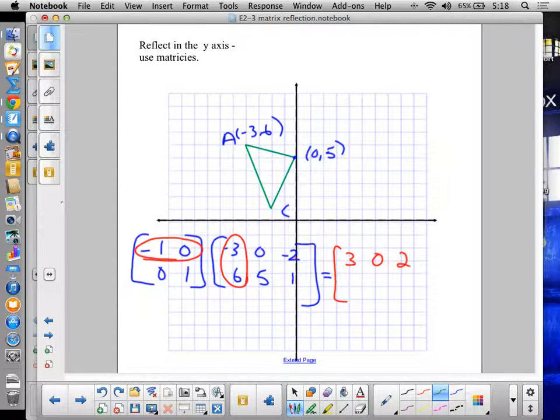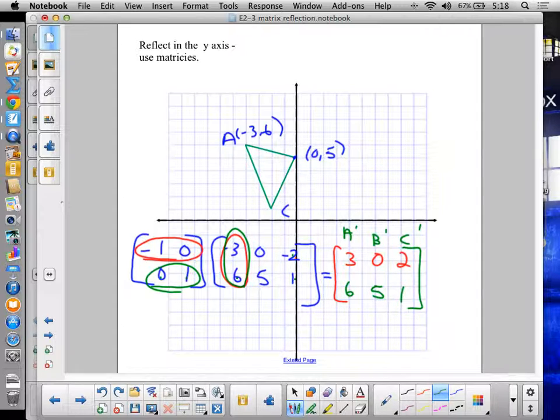Now, row 2, starting with column 1. 0 times negative 3 is 0, plus 6 is 6. 0 plus 5 is 5. And 0 plus 1 is 1. So there's my new A primed, B primed, and C primed.